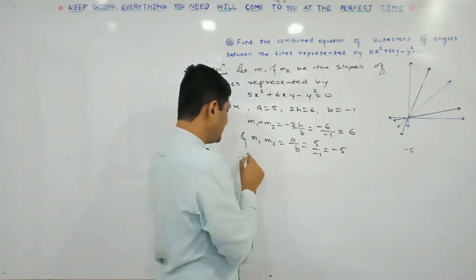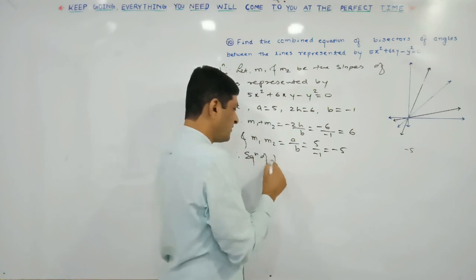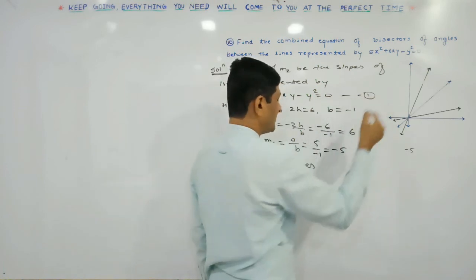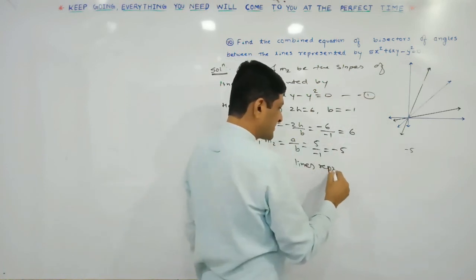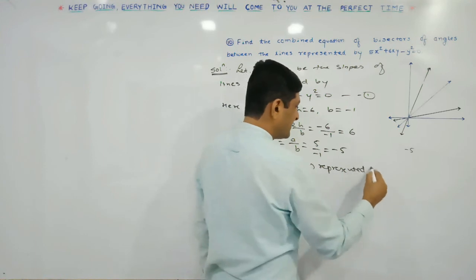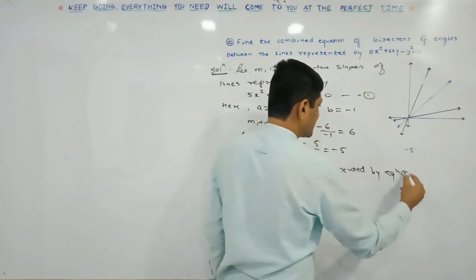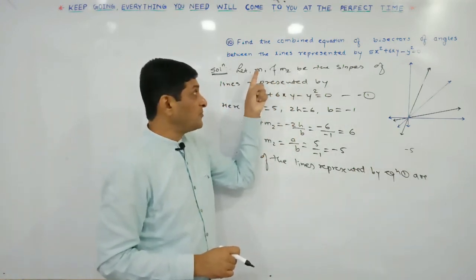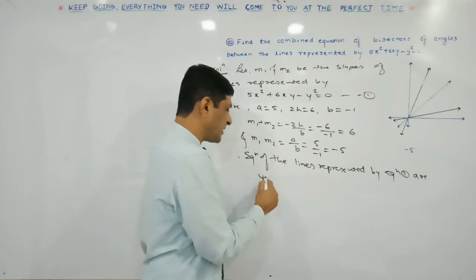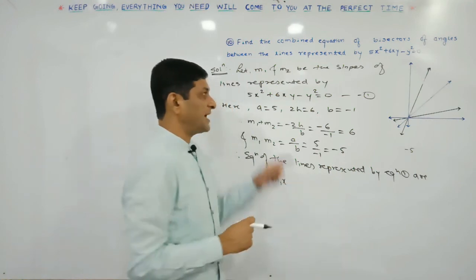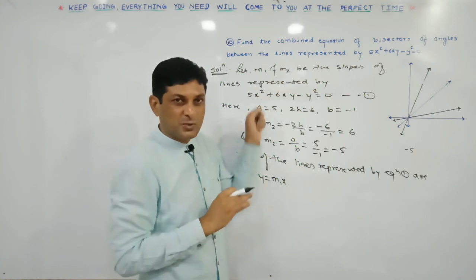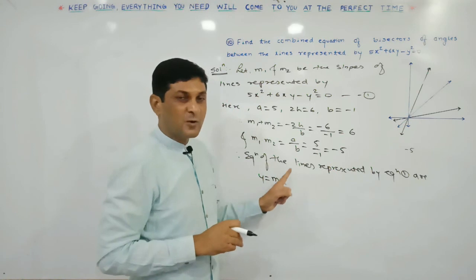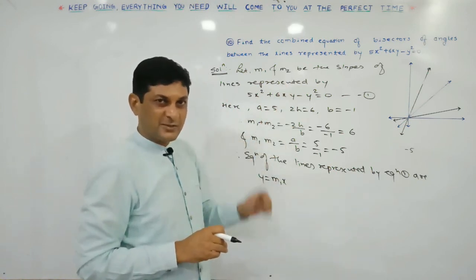So therefore the equation of the lines, let us denote it by equation number 1. Equation of lines represented by equation 1. So we know that this equation represents two lines. The slope of one line is m1, which means its equation is y is equal to m1x, because the line represented by this equation passes through the origin, which means its equation is in the form y is equal to mx. The constant term does not appear since the line passes through the origin.